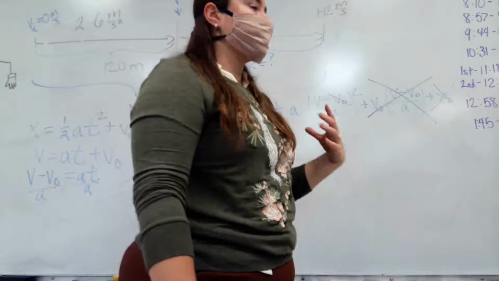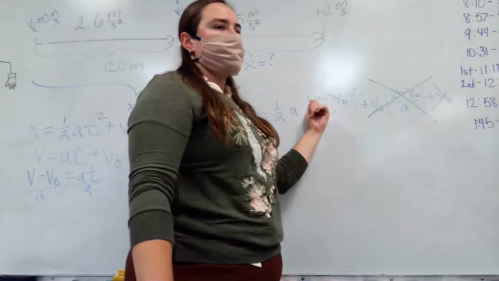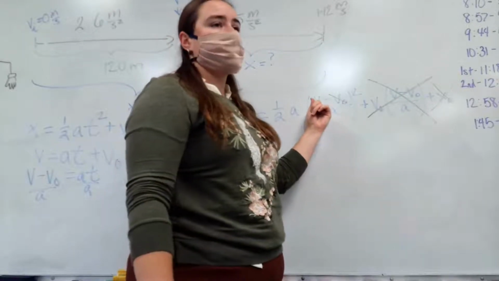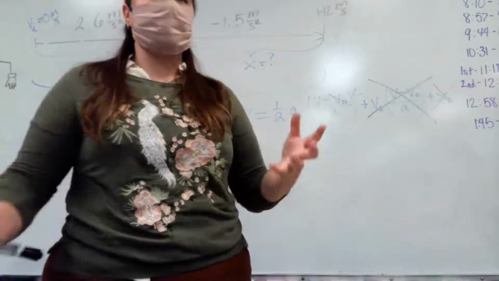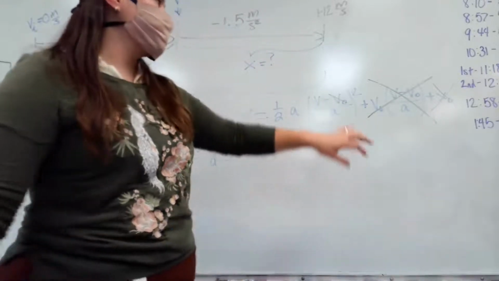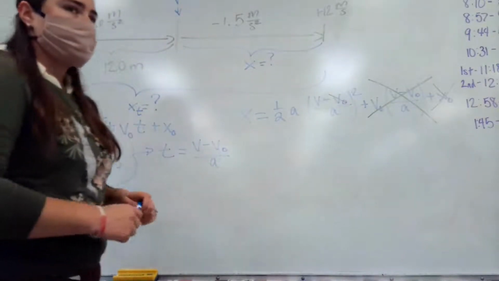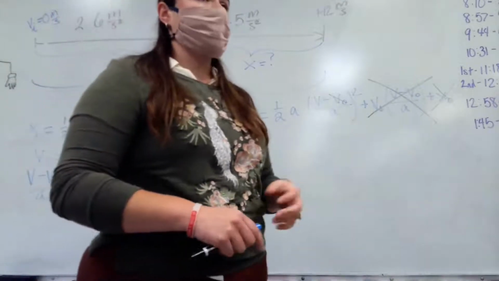So some places will almost always use initial and final. This one is your v final, just so that you have to write less. Your v final doesn't have a subscript. Your initial velocity does. Does that kind of make sense? Yeah. Okay, so in this case, these two are exactly the same thing. And so x naught, is that the same? x naught is your position at t equals 0. Yep.